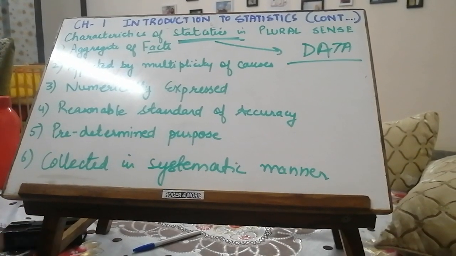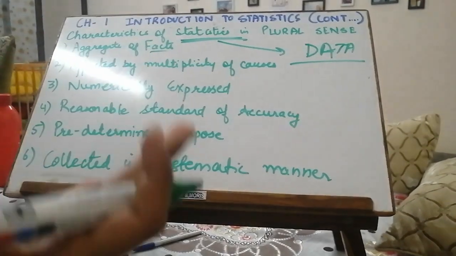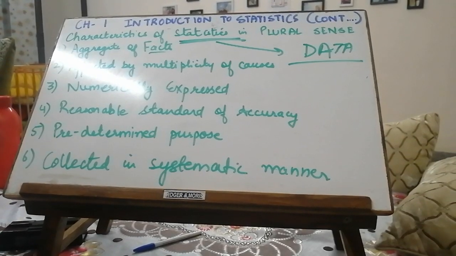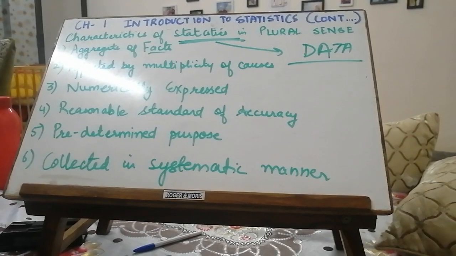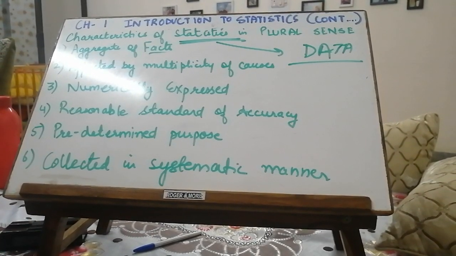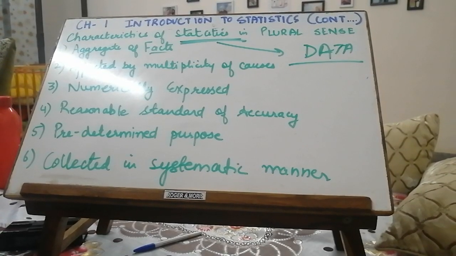So there are two ways of giving information. One is quantitative, the other one is qualitative. Quantitative is like your height, your weight, your age. These are all quantitative, you can express them in numbers. But qualitative is like intelligence, beauty, honesty.